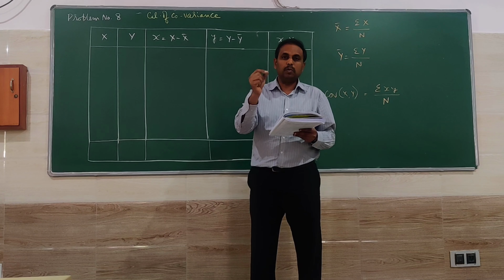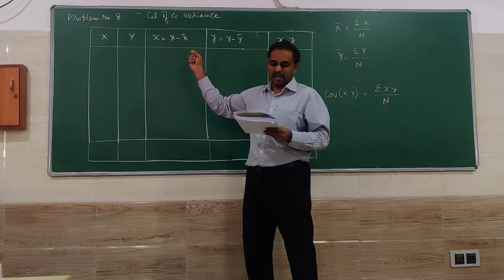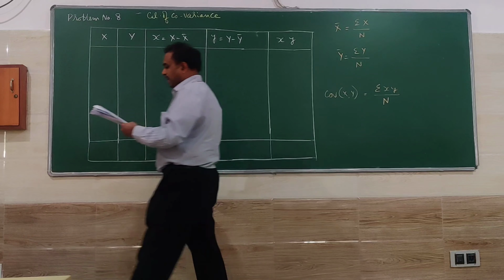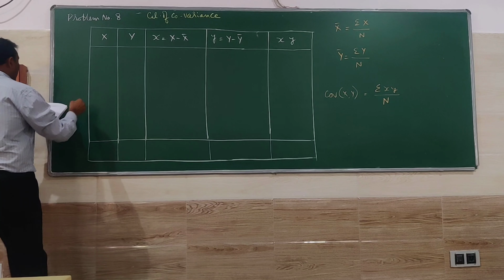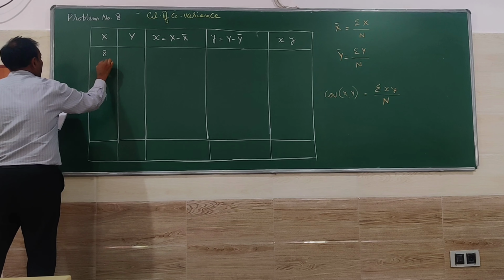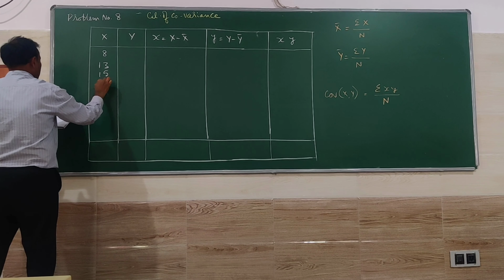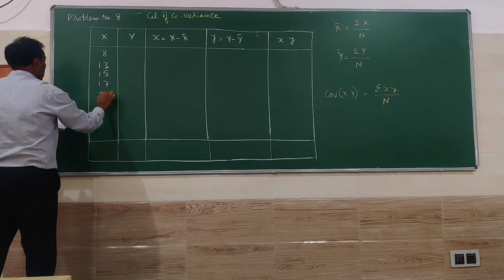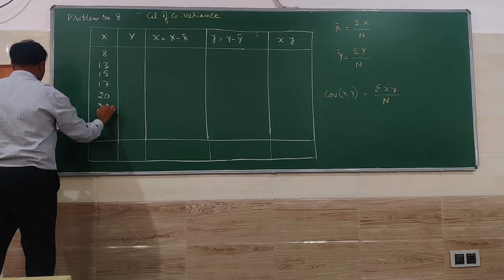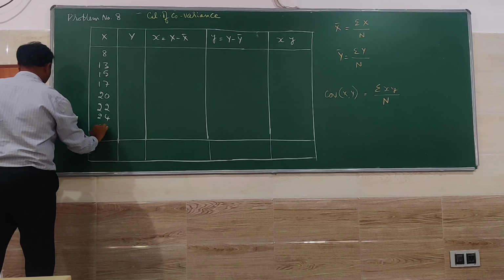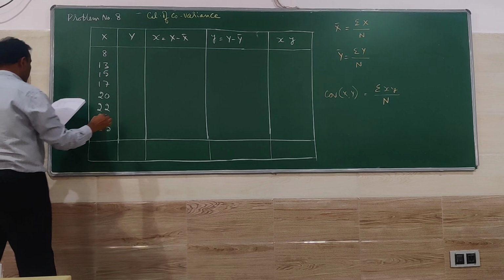We have two variables there, x and y. So let me take the values for x and y. For x: 8, 13, 15, 17, 20, 22, 24, 25.